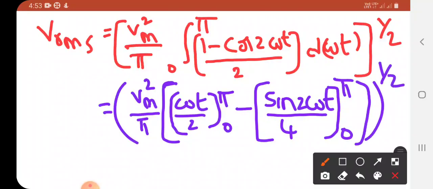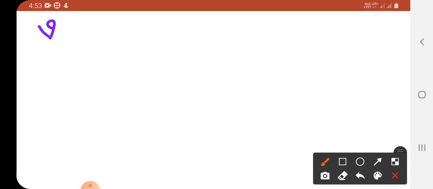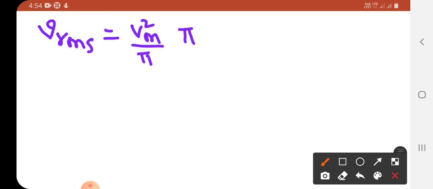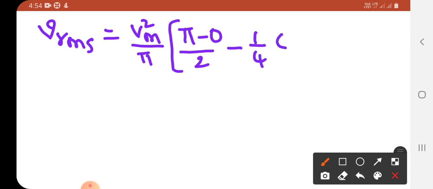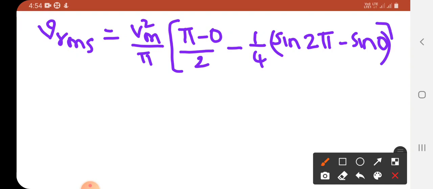Okay, now let us substitute the limits. So VRMS is equal to Vm square by pi, that is omega t by 2, that means pi minus 0 by 2, minus 1 by 4 into sine 2 pi minus sine 0, whole power 1 by 2.